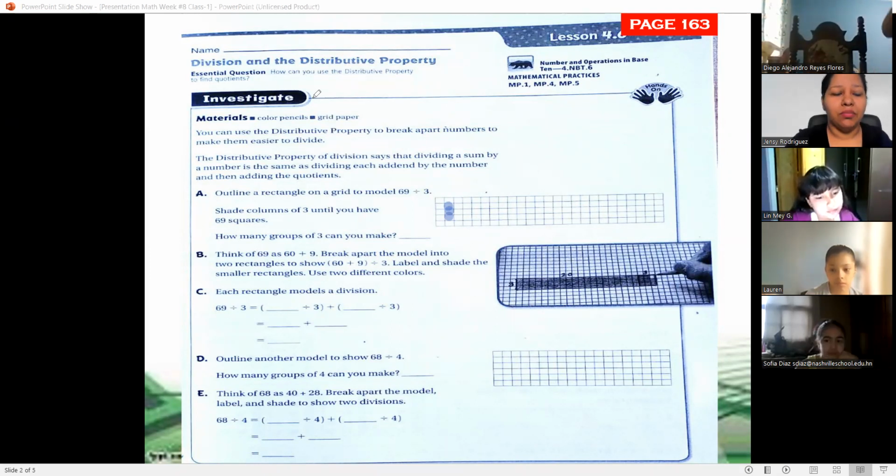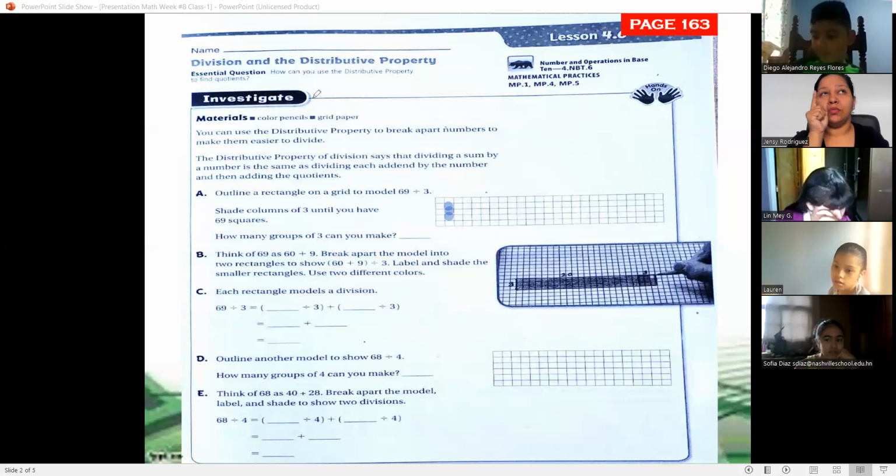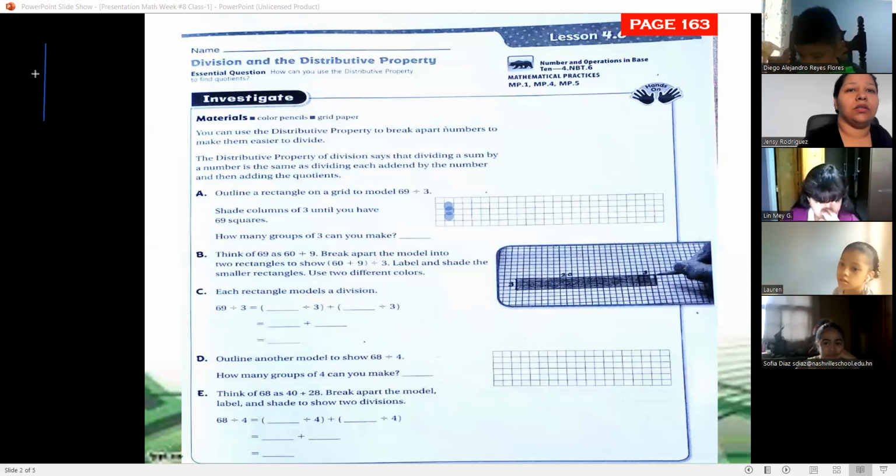So if I had to break apart this 69 in tens and ones, how would it be? How do you break apart? Remember that in this, we are going to break apart 69 in tens and ones. Guys, remember I have 69. Just give me a second.